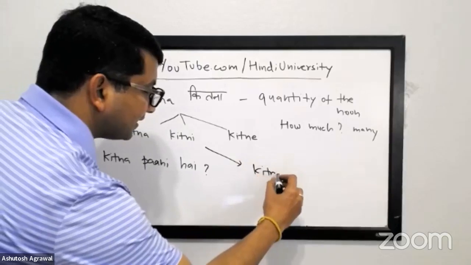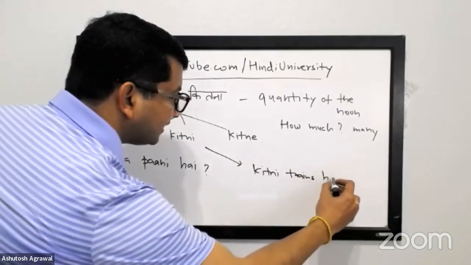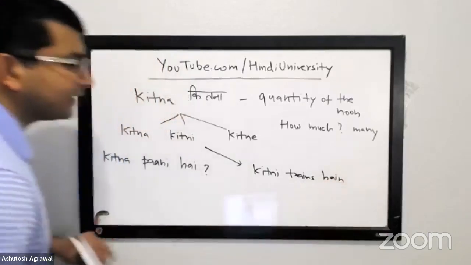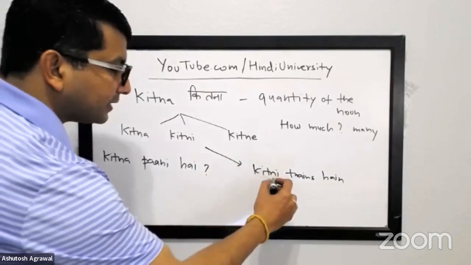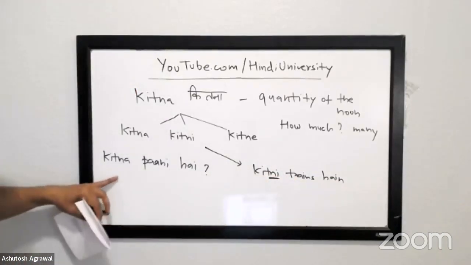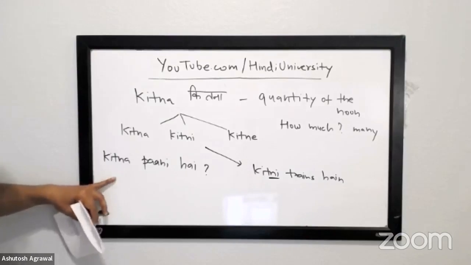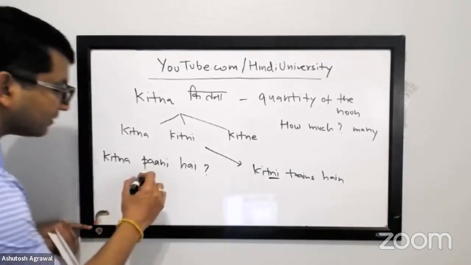So यहाँ trains kitni hai. Let's say it is feminine plural, then it would be using kitni trains hai. Kitna pani hai. Kitna. Let's see who else could say the masculine singular noun here where it will fit.